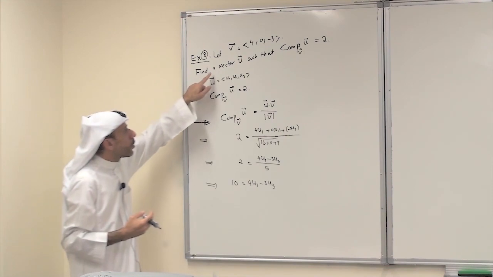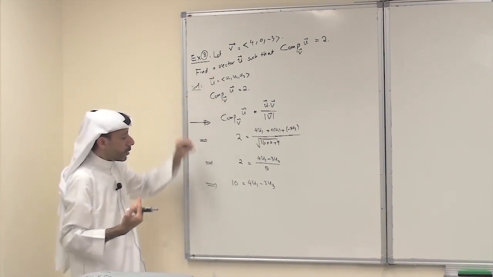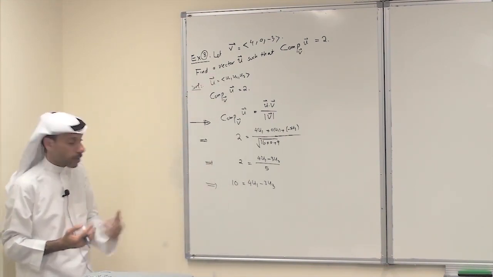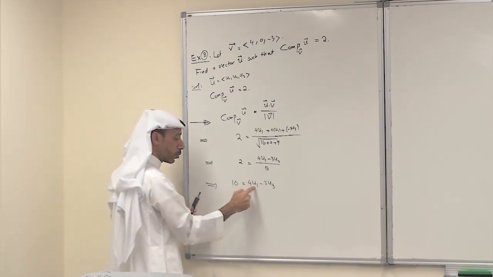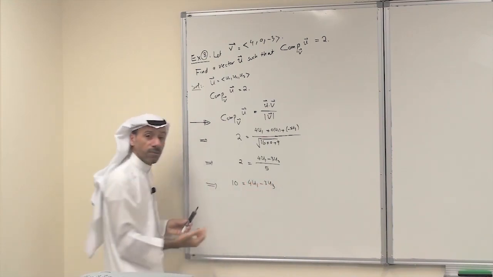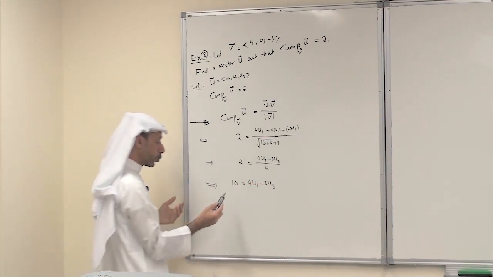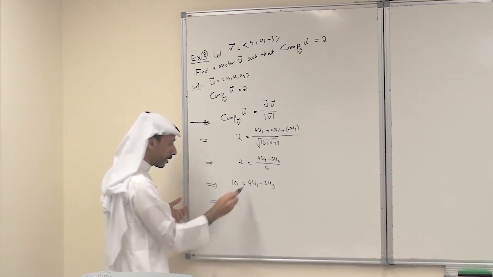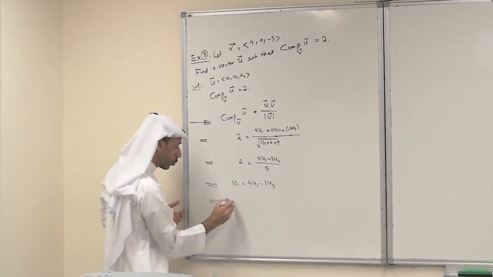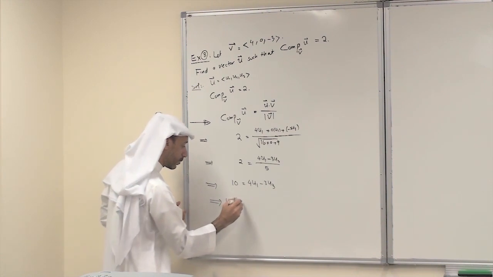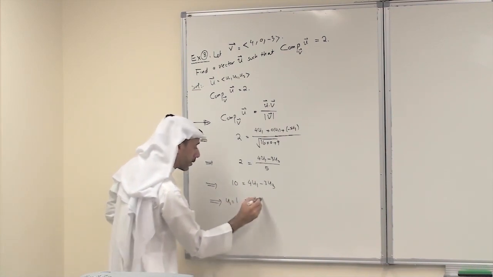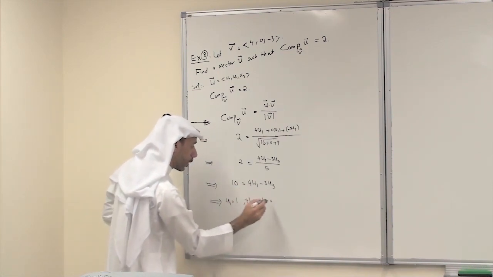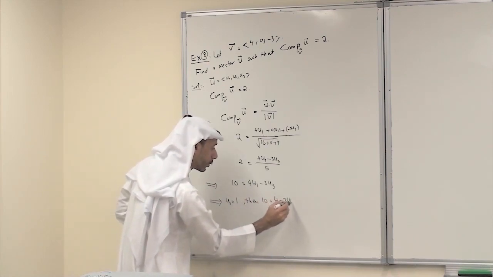Since the question asks about one vector, I can just find one solution. And to find one solution, it is very simple. You can choose any value for u1 and solve for u3. For example, if I choose u1 to be 1, then I get 10 equals 4 times 1, which is 4, minus 3 u3.